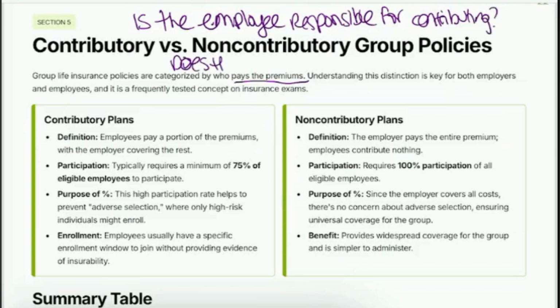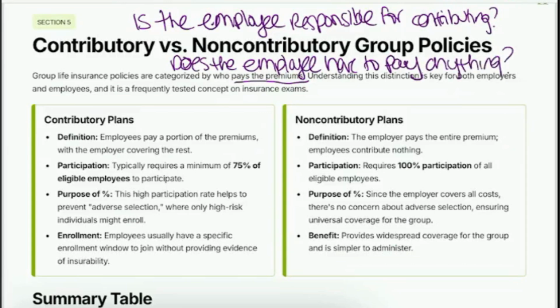Simpler, does the employee have to pay anything? There's some places that cover 100%, fully covers your medical plans, your life insurance policies, all your benefits, right? More likely than not, though, the employee is participating. They are contributing to part of the premium, right? It's generally a lot cheaper and they're usually not paying the whole thing.